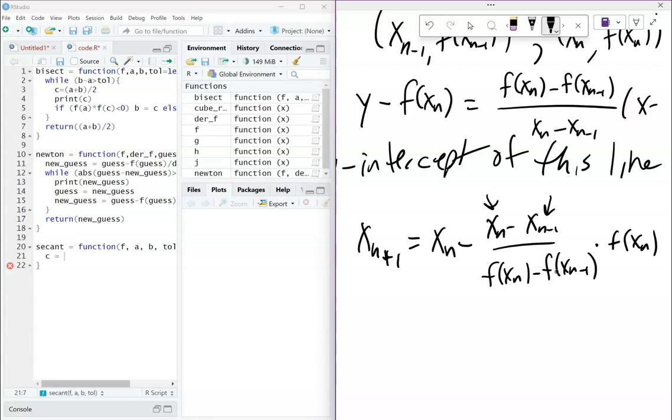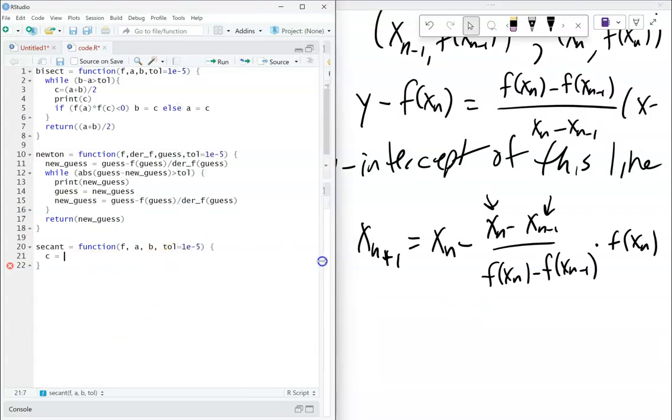Okay. I'm just doing it in that order. a is the second previous, and b is the previous, okay? So when we type in our guess here for c, our c will be what? It'll be b minus parentheses b minus a divided by f of b minus f of a times f of b.